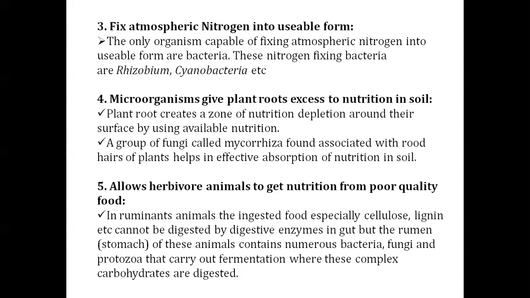They also allow herbivore animals to get nutrition from poor quality food. In ruminant animals, the ingested food, especially cellulose and lignin, is an example. Take the cow: its food is paddy straw, which has a high content of cellulose and lignin. They cannot digest it easily, because they do not have the enzyme to digest it immediately.